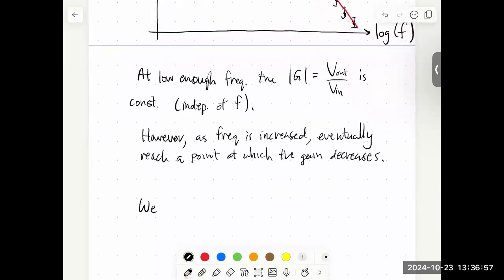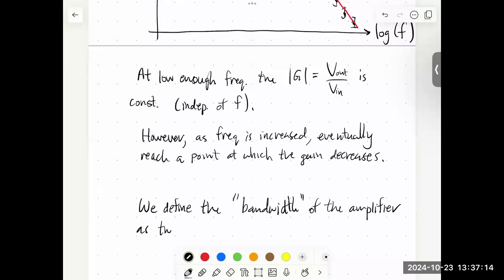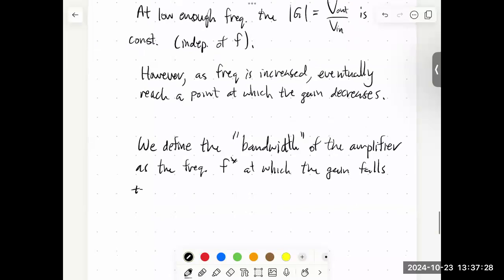So we define what's called the bandwidth of the amplifier as the frequency, let me call it F star, at which the gain falls to 1/√2 of the low frequency value.